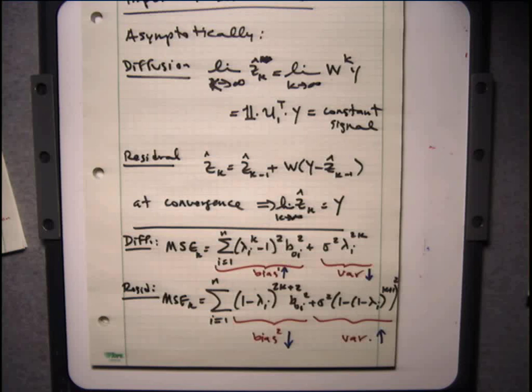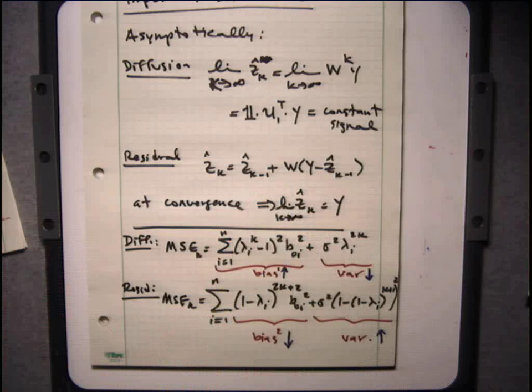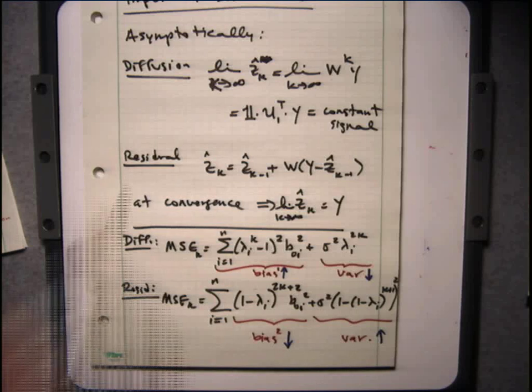So you may be faced with the question: if I have a filter that I've designed, which is W times Y, and I want to improve it, which one of these two iterations should I use? Should I use the diffusion iteration, or should I use the residual iteration?